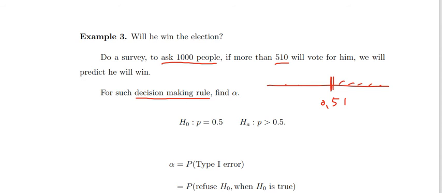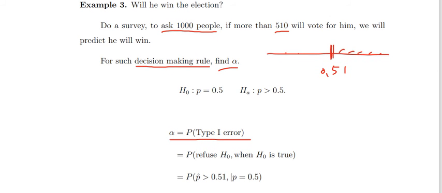Let's say we want to find alpha. So what is alpha? Alpha is type 1 error. What is type 1 error? We reject H0 when H0 is true. So what is H0?